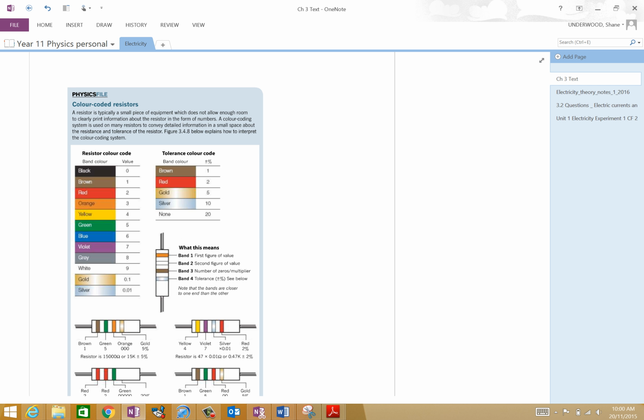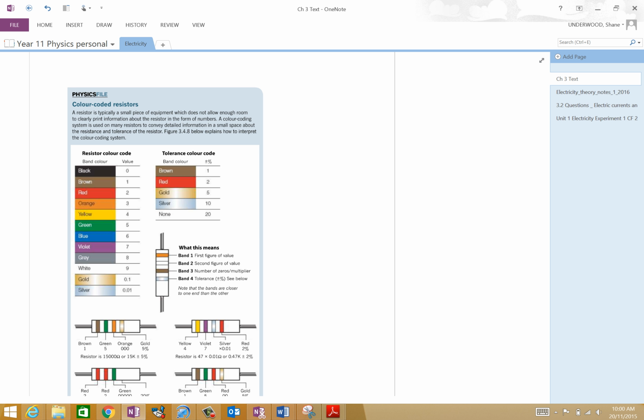What it means is that if the very first colour of a resistor is brown, it means that that's a 1. The second one is a green, means that that's a 5. So that's 1, 5, and the third one is the multiplier. How many zeros do we have? So orange means 3 zeros, so that's the equivalent of 15,000 ohms. And the last one, the gold, is actually a tolerance level.